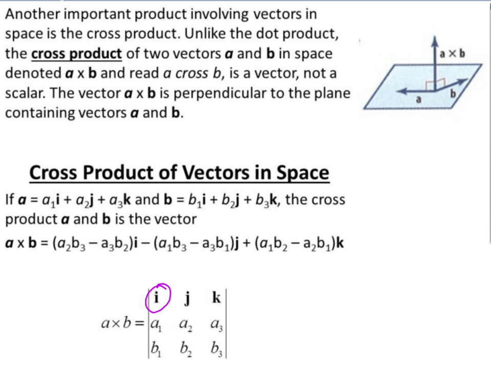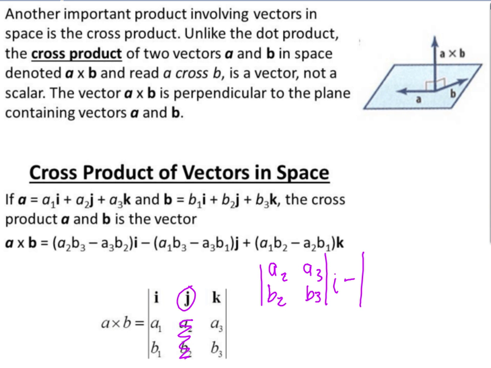With vector i, you're going to ignore that column. So we're just going to find the determinant of the first one. So we're going to do the determinant of a sub 2, a sub 3, b sub 2, b sub 3, and we're going to times that by vector i. Minus, when we look at vector j, we're going to exclude that part, so we're just going to use the other parts.